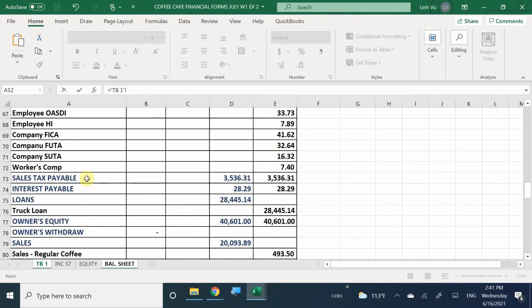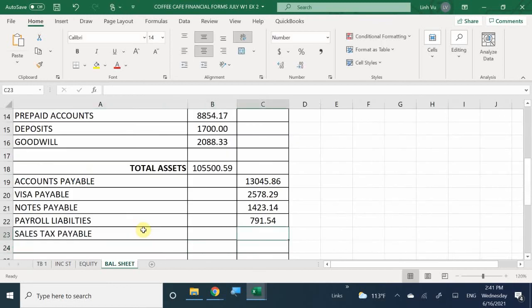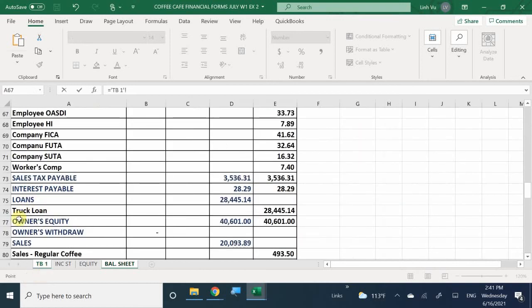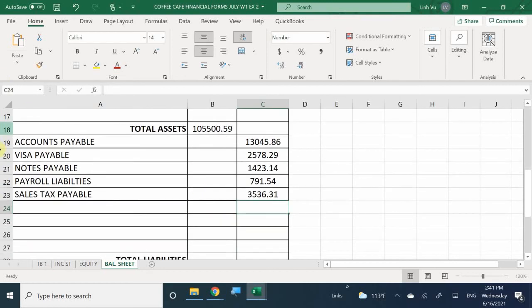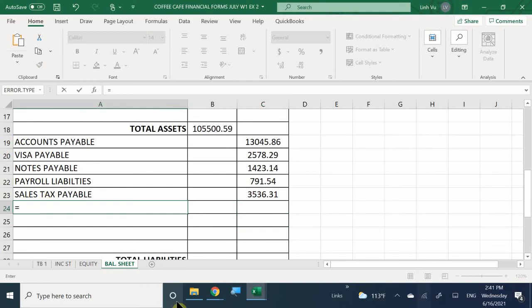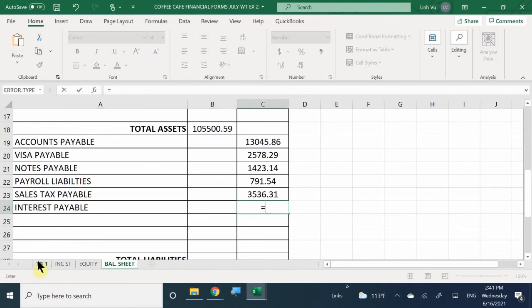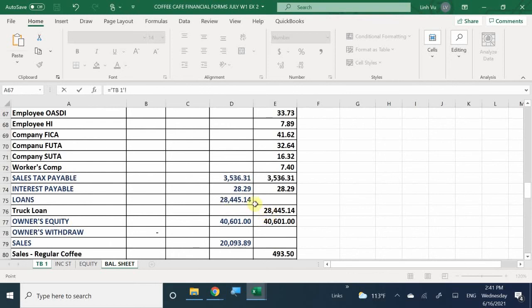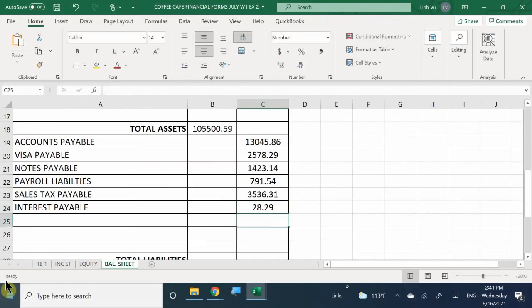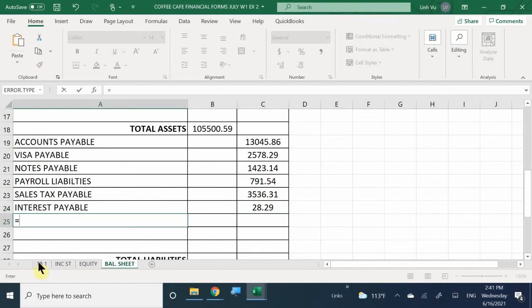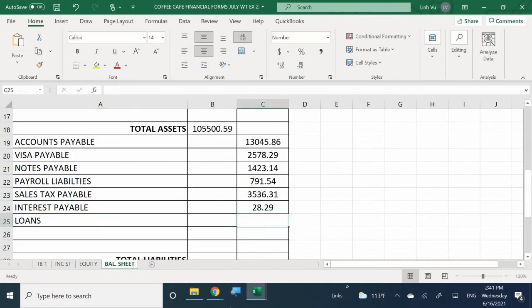Sales tax payable for 35.36.31. Interest payable for 28.29. Loans for 28,445.14.